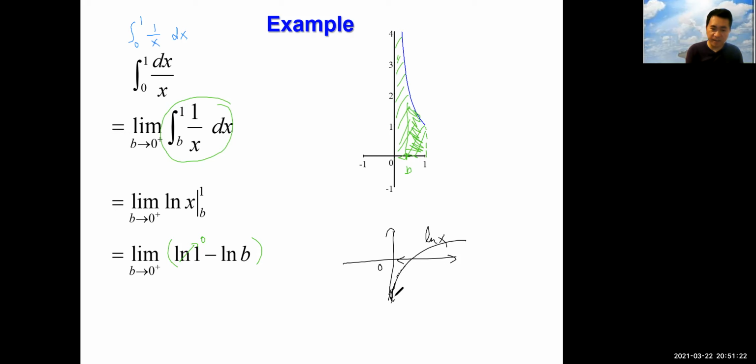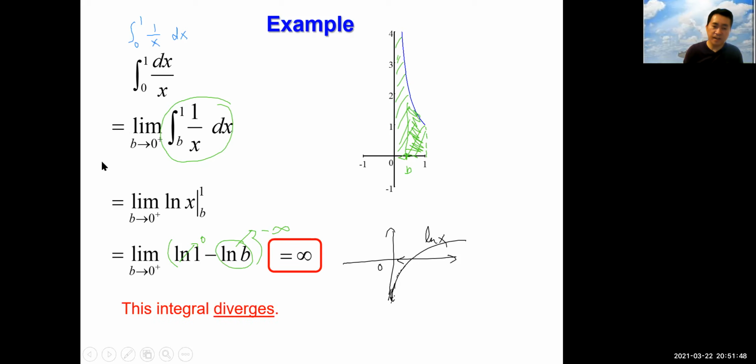So you end up with negative infinity. That approaches negative infinity, negative of negative, so it turns out to be positive infinity. So that equals infinity, and in this case, we say this integral diverges.